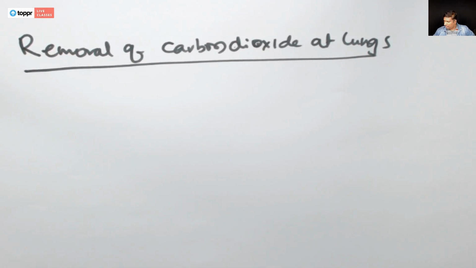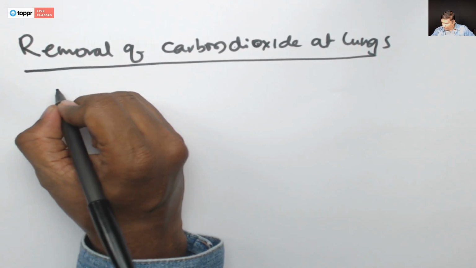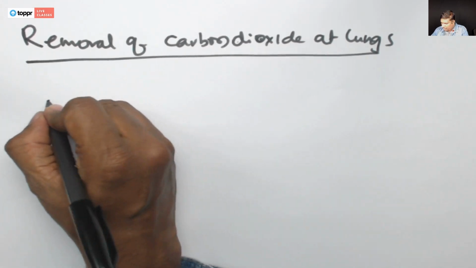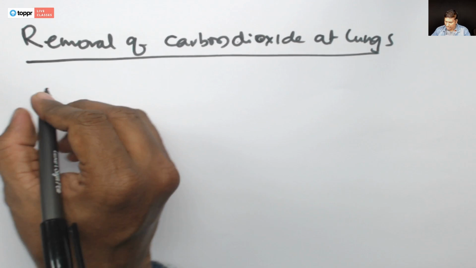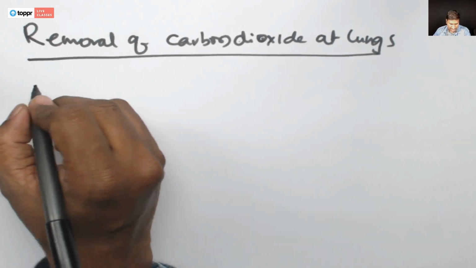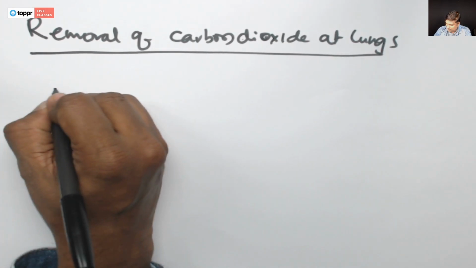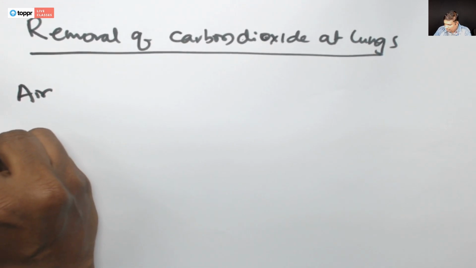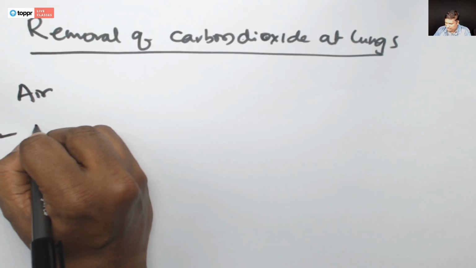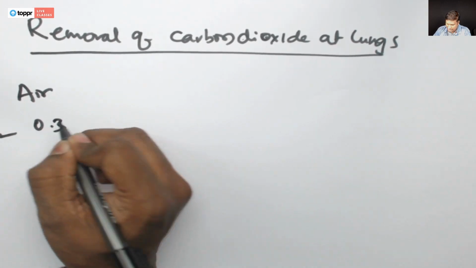What will happen? If you remember, the partial pressure of carbon dioxide is like this. I haven't given you the numbers. We're talking about PCO2, partial pressure of carbon dioxide. In the air, it is 0.3.